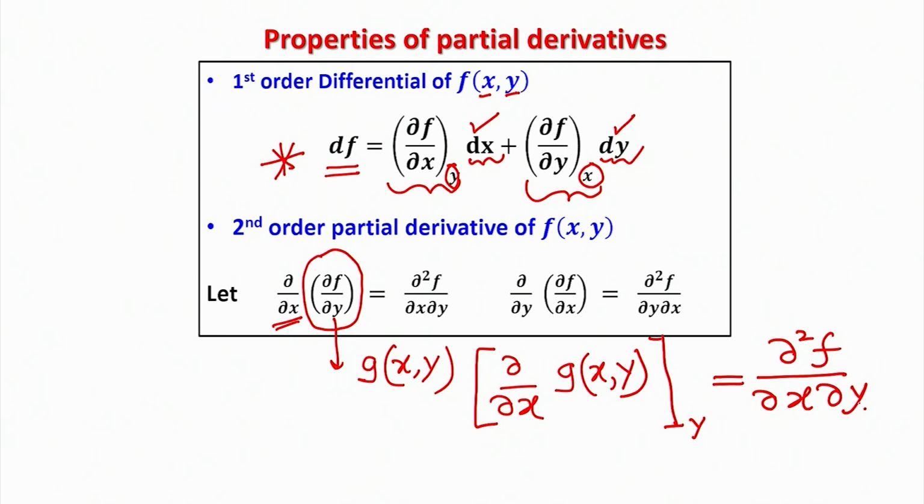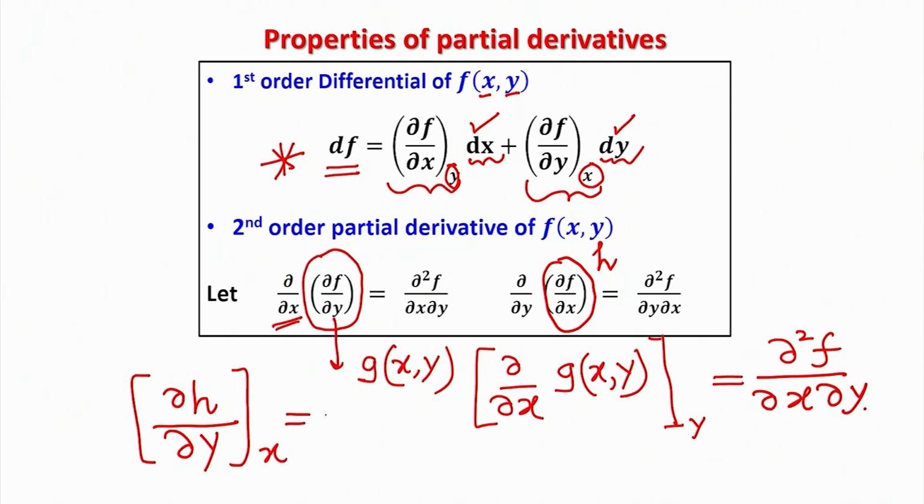Once again, this second order partial derivative could also have been taken by taking this derivative first, which let me call it as h, and then the final answer would be del h del y keeping x constant, and that would be equal to del square f del y del x.